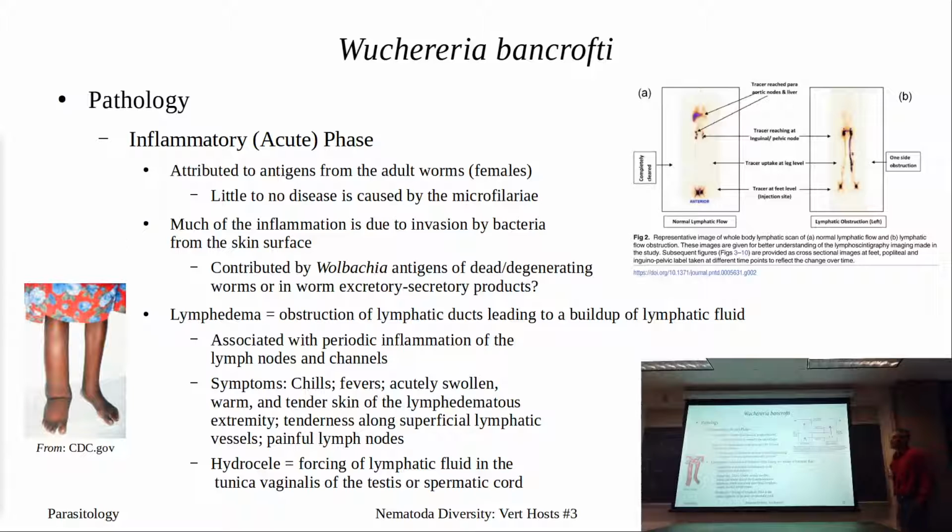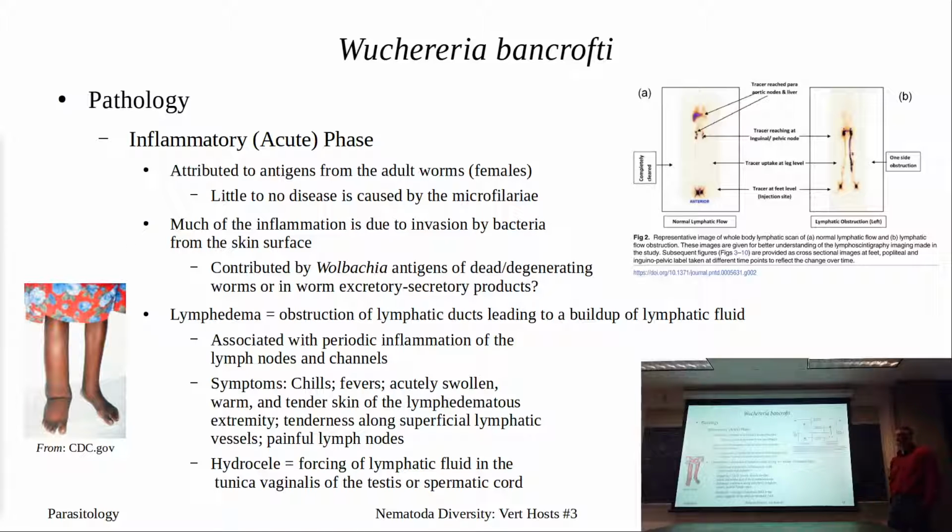If we do get it, we'll probably exhibit this inflammatory phase, the acute phase. All right, so initially, probably wouldn't exhibit anything until the adult female starts to develop and starts to release microfilaria.